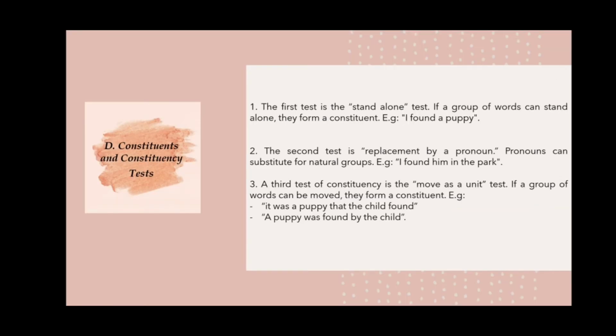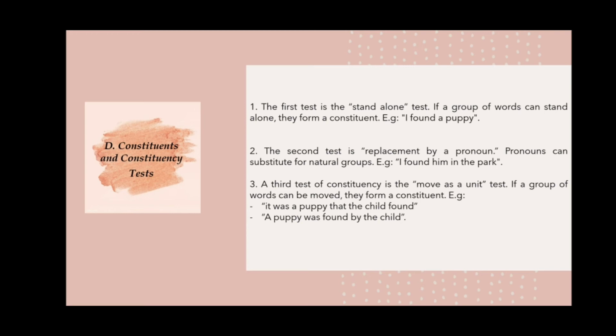The fourth is constituents and constituency test. There are 3 tests. First, stand-alone test. If a group of words can stand alone, they form a constituent. So, in a simple definition, constituent is the set of words that can be used to answer a question.